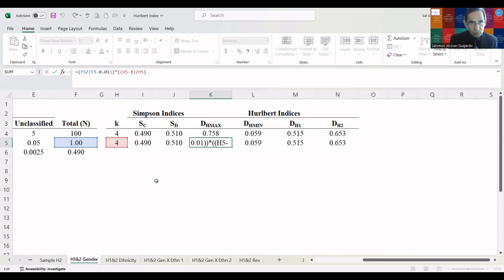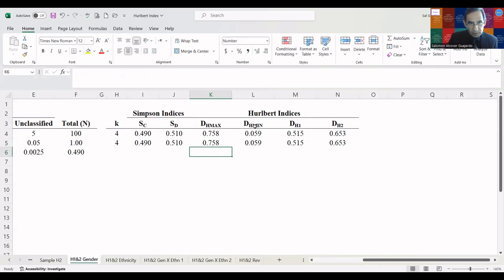In this case, it's 4 minus 1 divided by 4. And the formula here is going to be H5 minus 1 divided by H5. That gives me the maximum score of 0.758. The maximum score for the Simpson index is 4 minus 1 divided by 4, so it's 3 divided by 4, which is 0.75. So again, the Hurlbert index gives me a slightly larger maximum score.